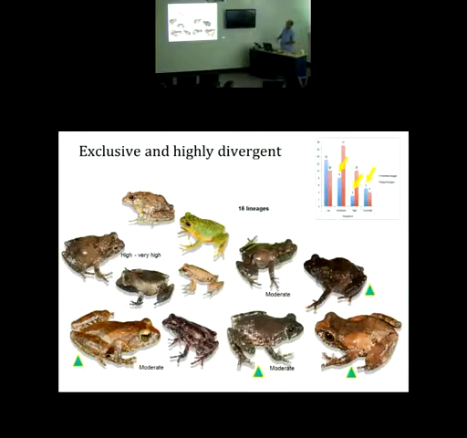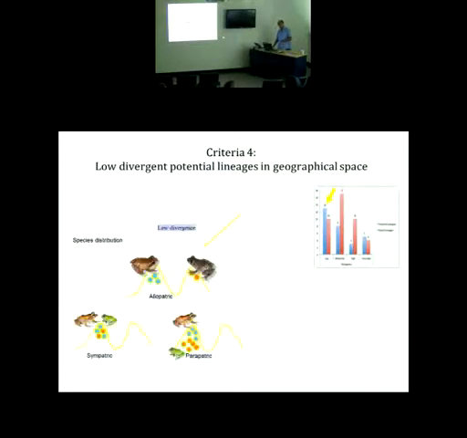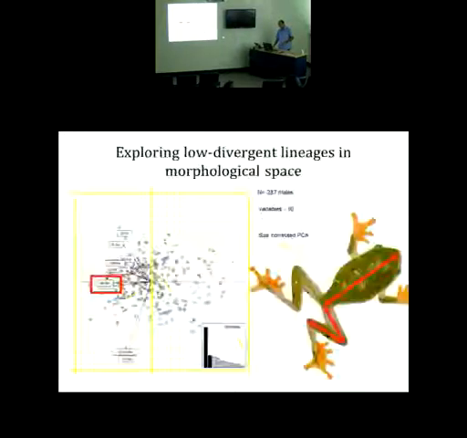We had exclusive clusters which were highly divergent from each other. We had low divergence lineages that were separated in geographical space, that were allopatric, so they were completely separated. We had low divergence lineages that were sympatric, that occupied the same location, and parapatric, that occupied locations along a gradient.